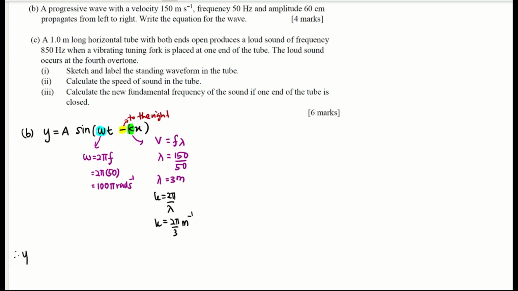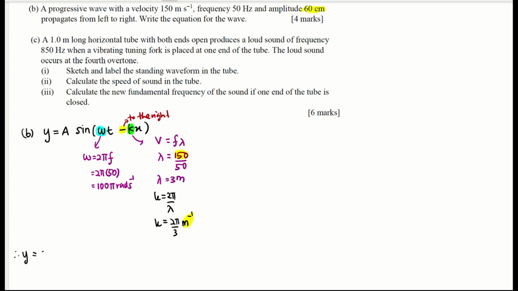Therefore, the equation y is equal to amplitude tadi dia bagi dalam sentimeter. Saya nak tukar kepada meter. Kenapa? Okay, sebab saya punya k ni tadi, saya punya V dalam meter per second. Jadi saya punya k ni pun dalam per meter. Jadi bila you tulis equation, pastikan kalau semua dalam meter dan your amplitude also in meter. Okay?